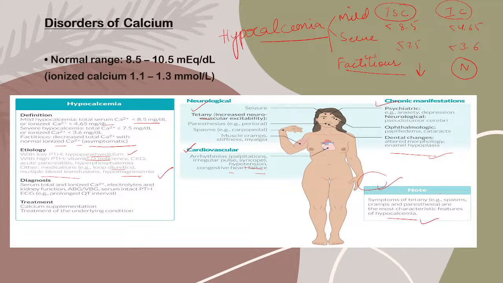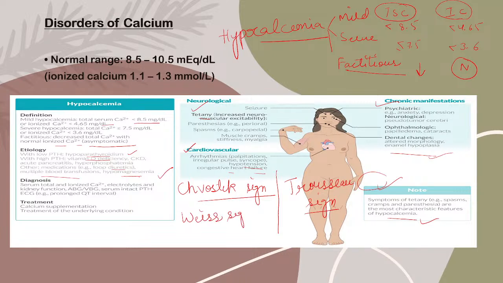Due to this there are two classical signs that occur in hypocalcemia, that is Chvostek sign and Trousseau sign. Chvostek sign is also known as Weiss sign. It is a sign of tetany.